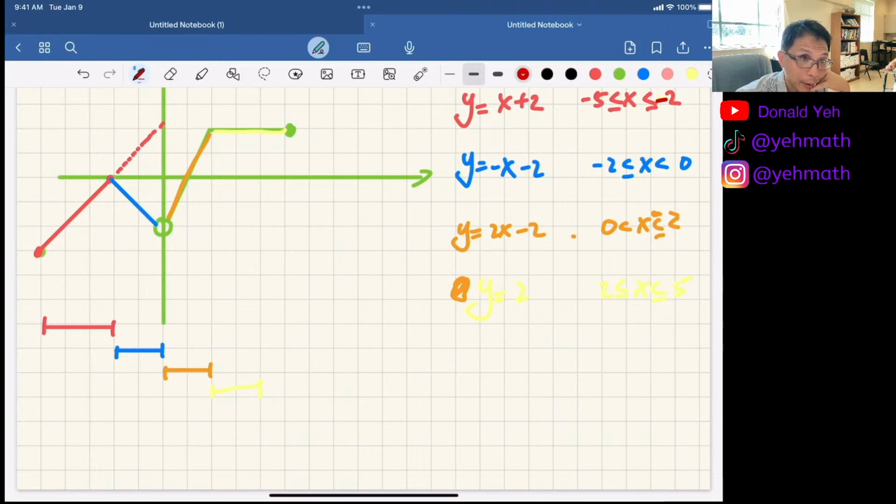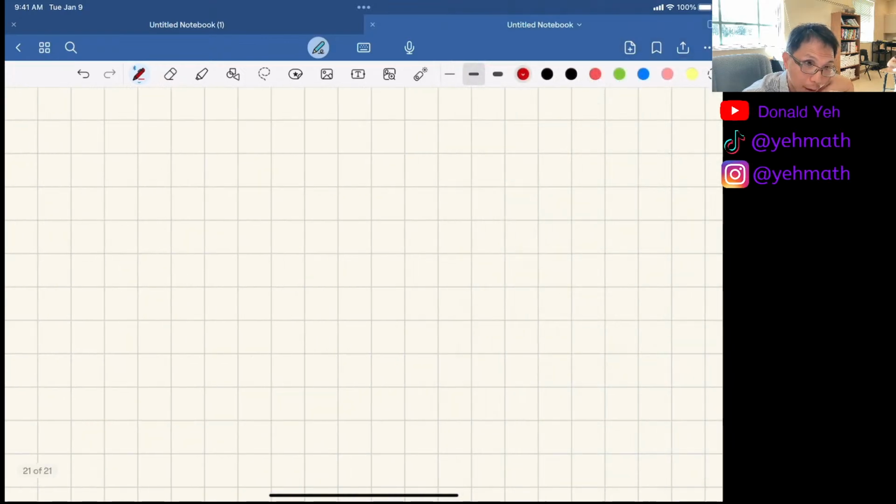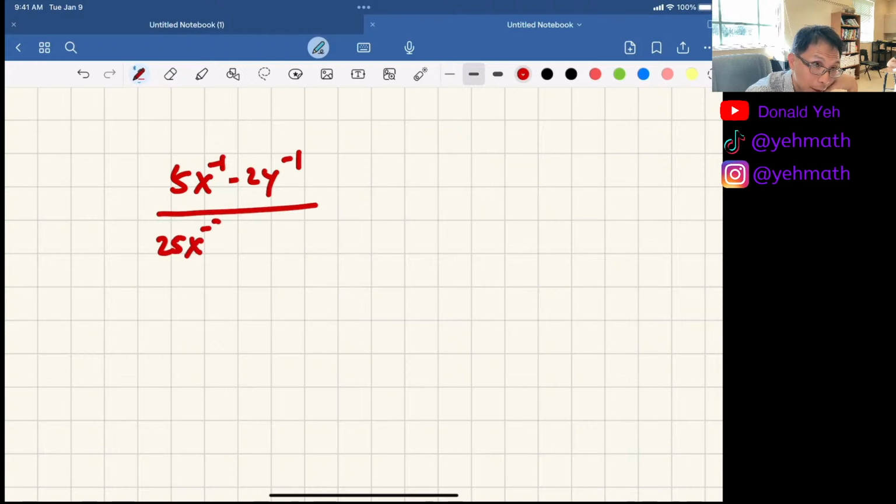Okay, so the question is 36. 36 is a great question. First of all, some people don't understand the negative exponent. That's the question: 5x to the -1 minus 2y to the -1 over 25x to the -2 minus 4y to the -2.